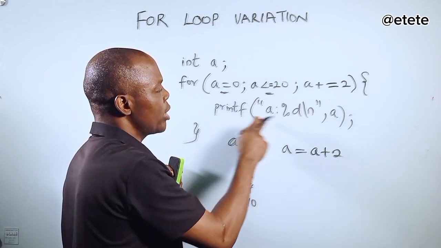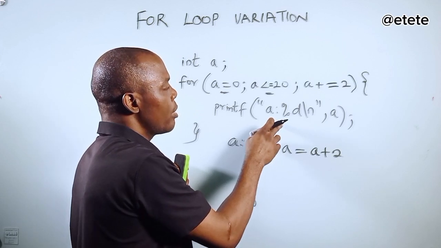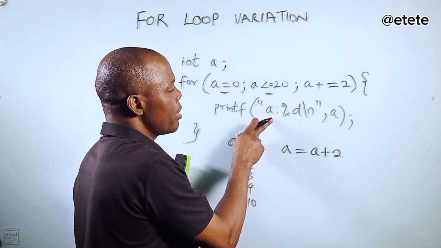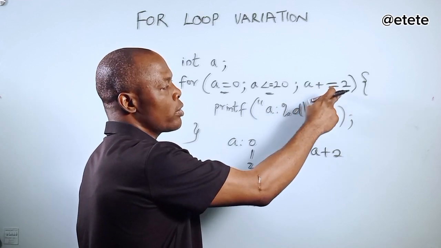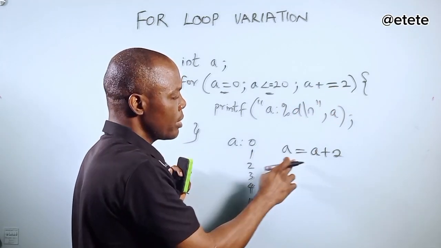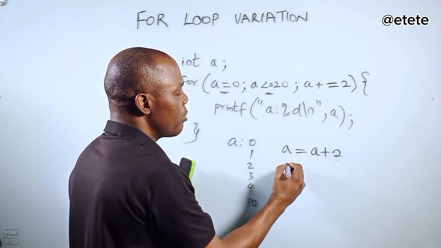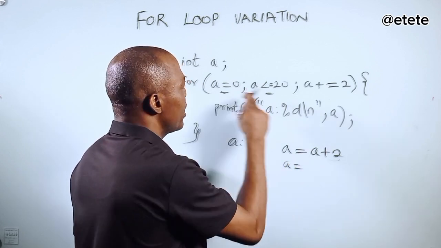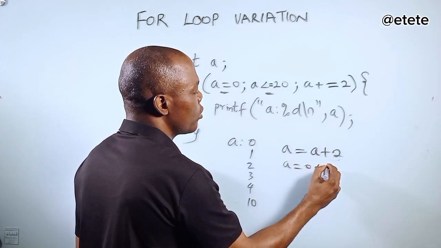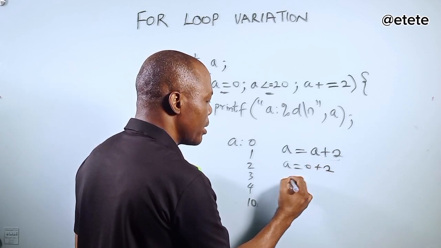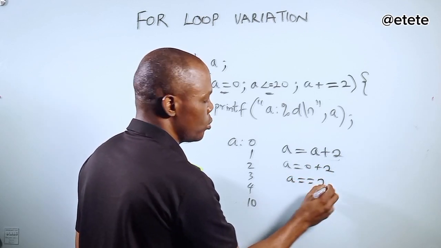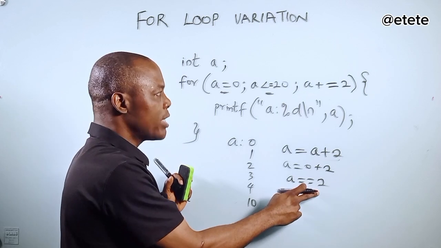It will come in and it will print out a, which is 0 on the screen. Then it will increment a plus assign 2. What does this mean? It means a is 0, 0 plus 2 is 2. That will now be a equals to 2.